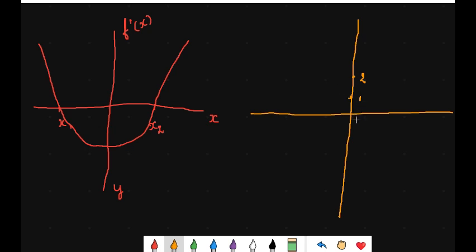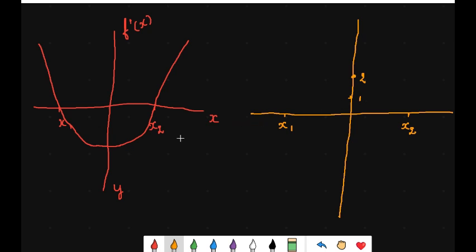So when x is 0, I do have a point in my primitive function, or the original function, at (0, 2). And then I also know that I'm going to have x1 and x2.